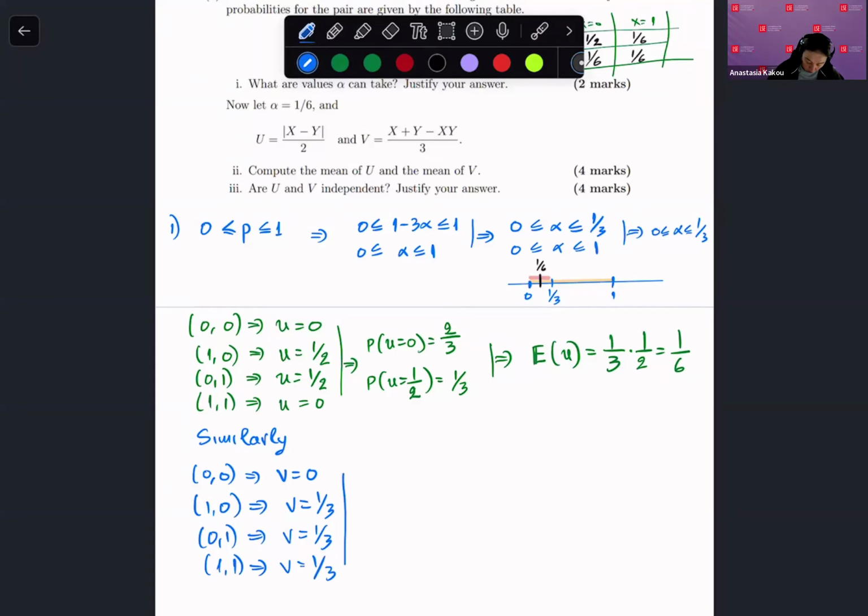Okay, so that gives us probability of v equals 0, that's a half, and the probability that v equals 1/3 is a half.